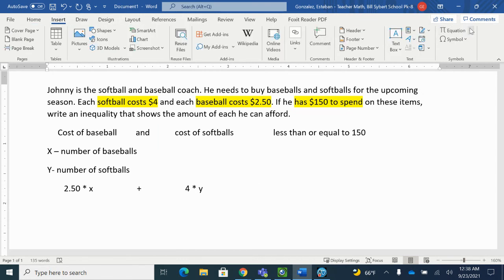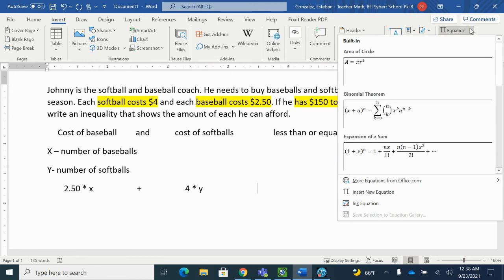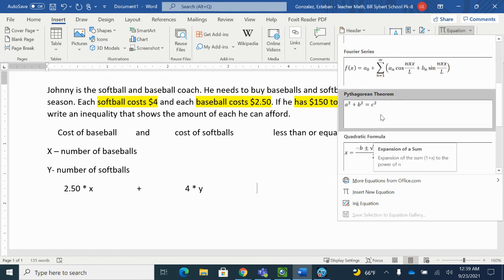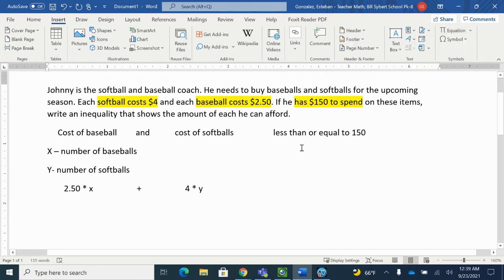Give me one second. Oh, symbols, there we go. Less than or equal to. Right? It's less than or equal to because the cost of the baseballs and softballs combined must be less than or equal to the $150 that he has to spend.